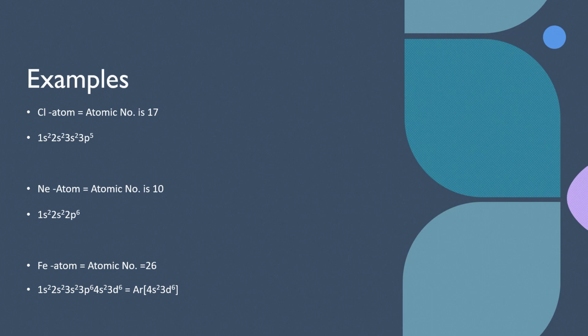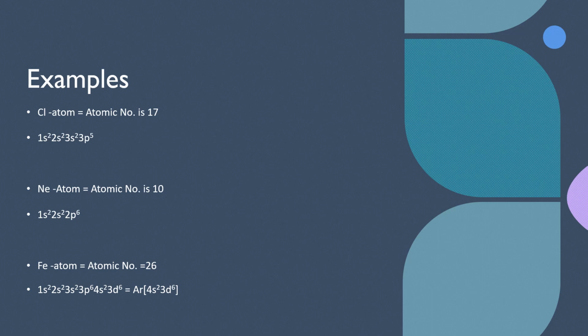So start with 1s, 2s, 2p, 3s, 3p. In superscript you mention the electrons. 1s is able to accommodate only 2 electrons, 2s only 2, 3s only 2 electrons, and 3p is able to accommodate 6 electrons at maximum, but the electronic configuration ends at 5.